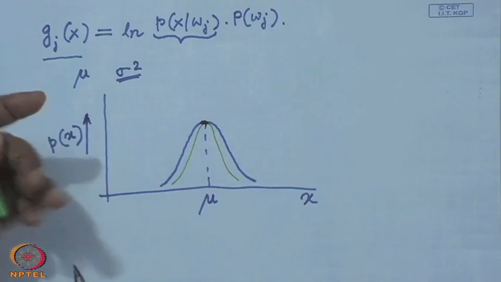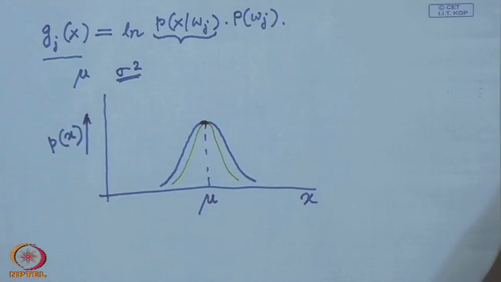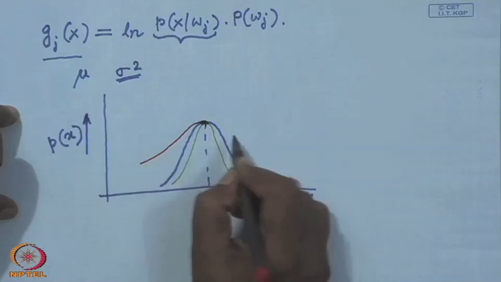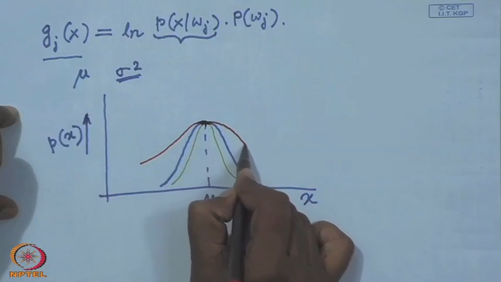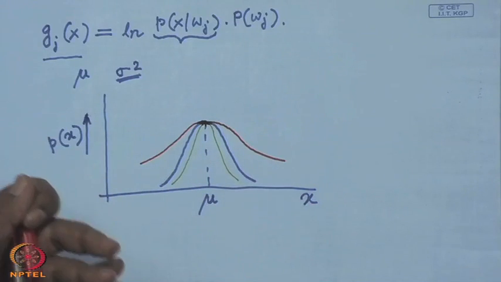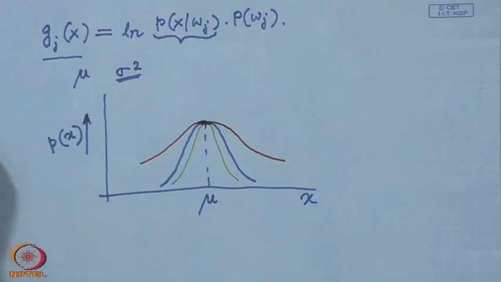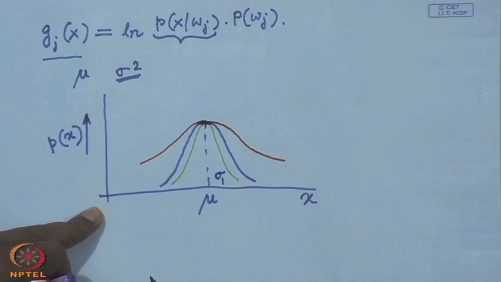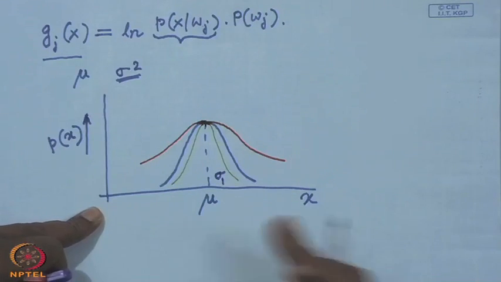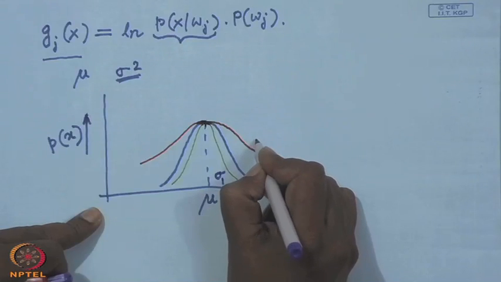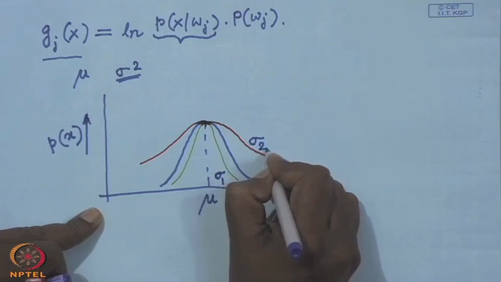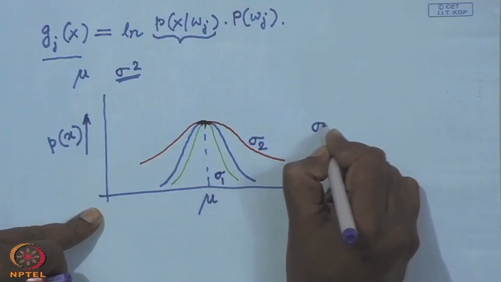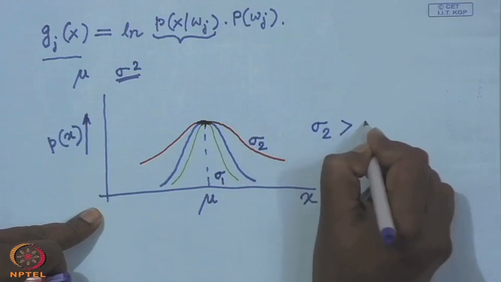If the variance is large, then the curve will be a flat one, like this. If this curve is for sigma 1, where sigma 1 is the standard deviation and sigma 1 square is the variance, and this is the curve for sigma 2, with the mean value mu remaining the same, this indicates that sigma 2 is greater than sigma 1.